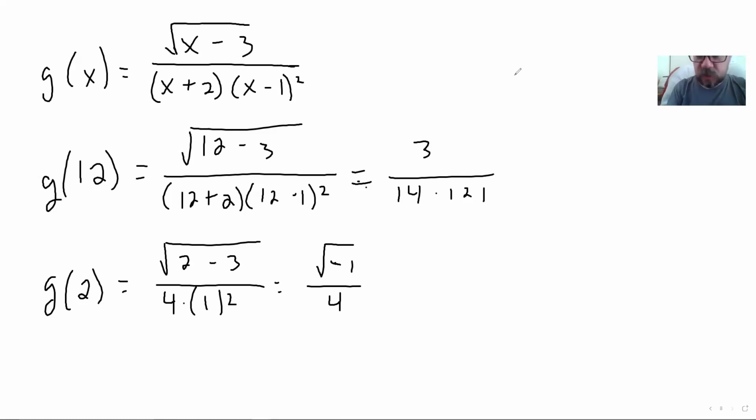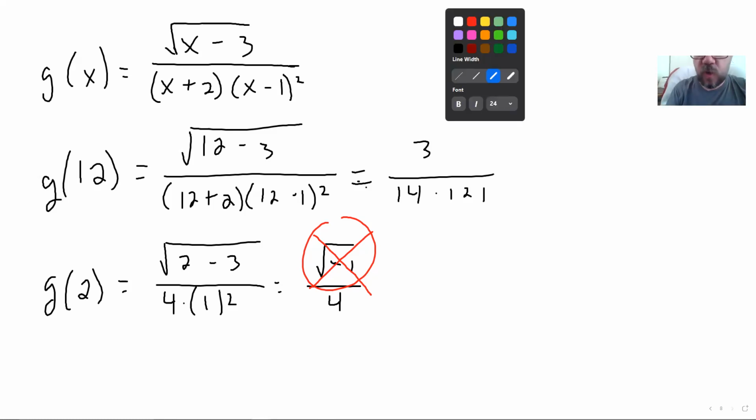So this is problematic, because I can't find the square root of negative 1, at least in the real numbers. And so I would say that I can't put 2 into g. I can write it in the parentheses, but the output that I get doesn't have any meaning for me.